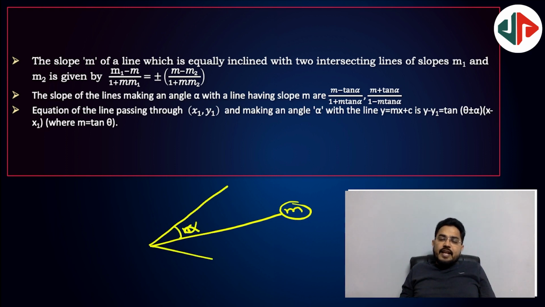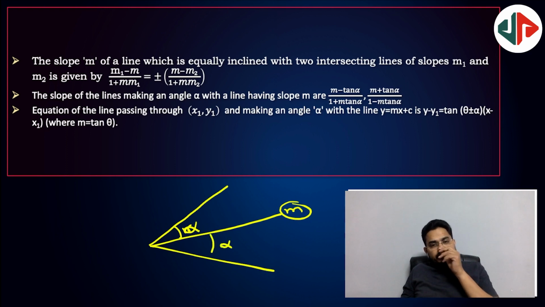Or I need to find a line which is also making alpha. So if I say this is m1, m1 minus m by 1 plus m1 m is equal to tan alpha. So that's why this value I will take: m minus tan alpha by 1 plus m tan alpha. Another one is m plus tan alpha by 1 minus m tan alpha.